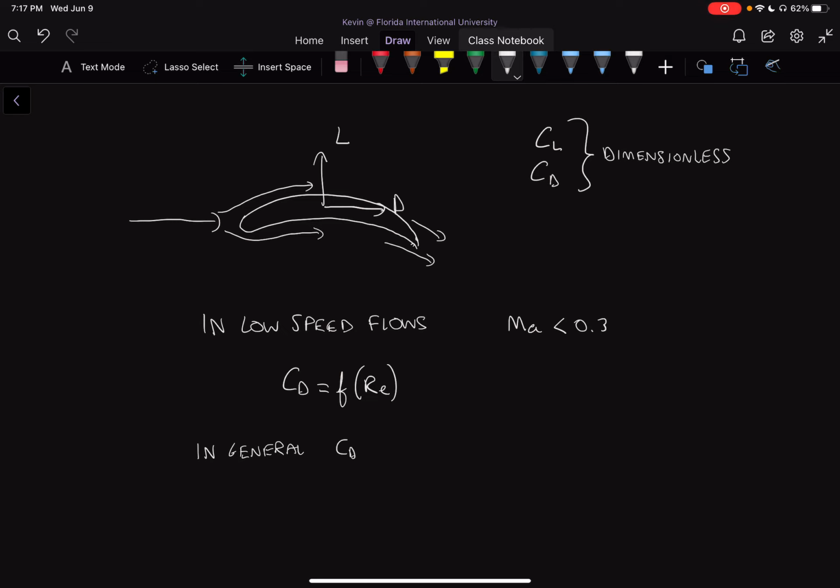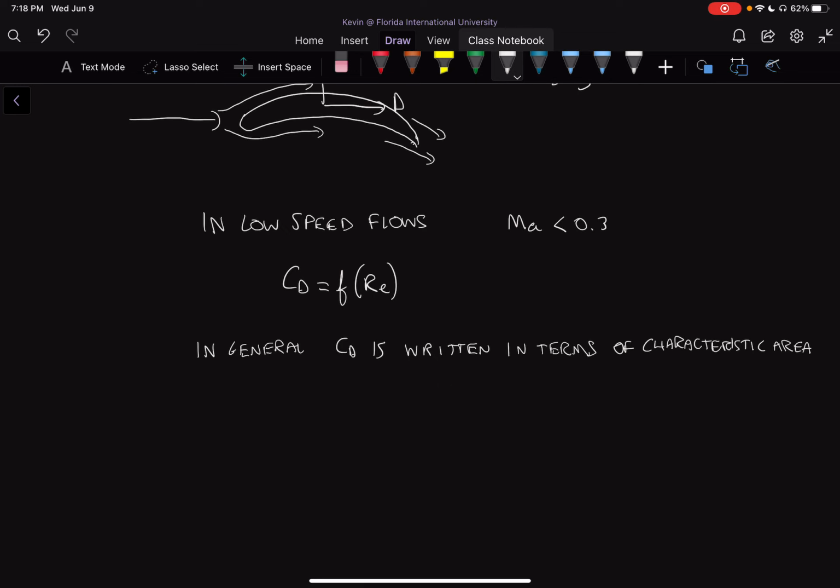Okay, and in general, CD is written in terms of characteristic area. So using our module 5 information, we can write an equation for CD that is a function of Reynolds, and we can rewrite it in terms of what we would actually get.